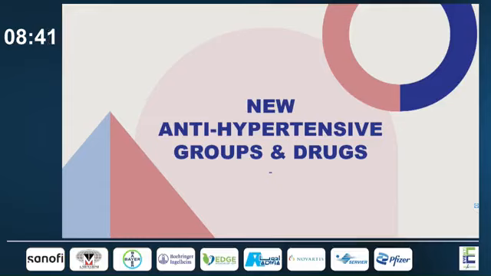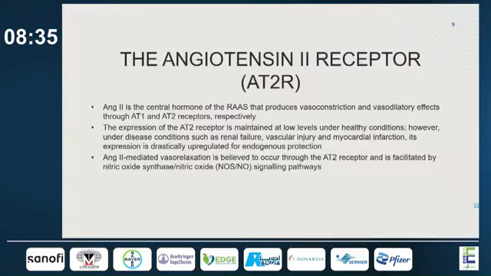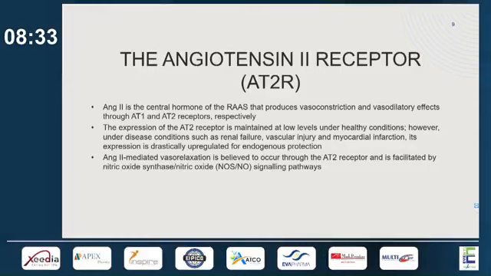So what are the new antihypertensive groups and drugs that are available these days in the pipeline? The first is the angiotensin II receptor agonist. Angiotensin II is the central hormone in RAS, which produces vasoconstriction and has a vasodilatory effect through the AT2 receptor.